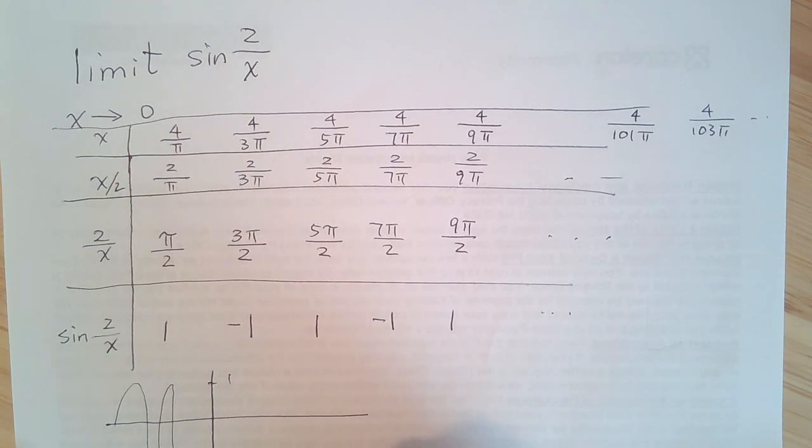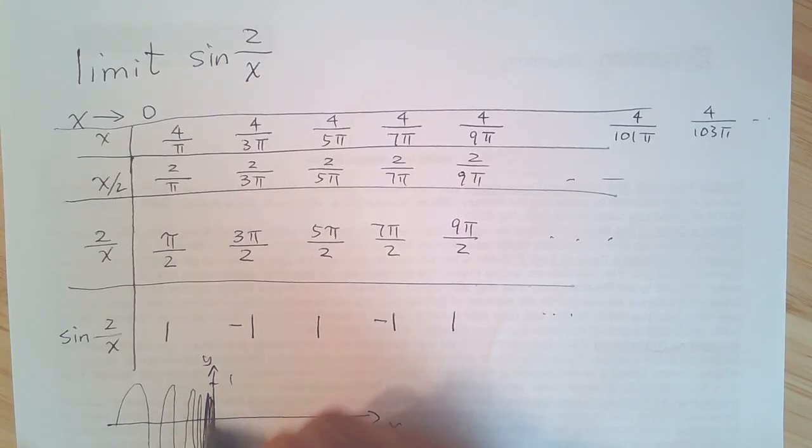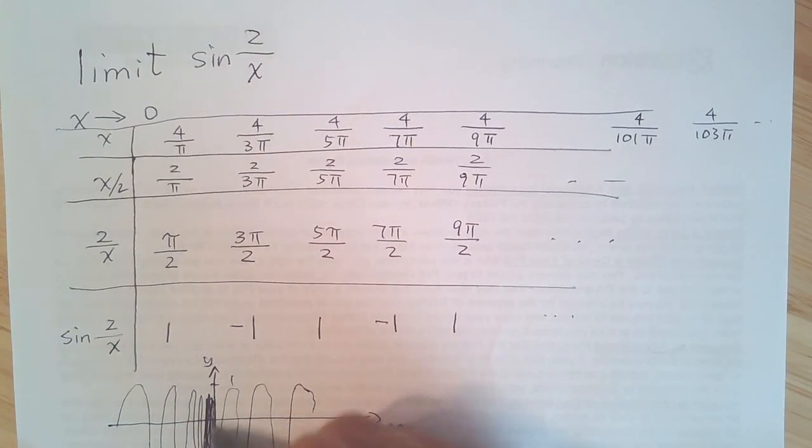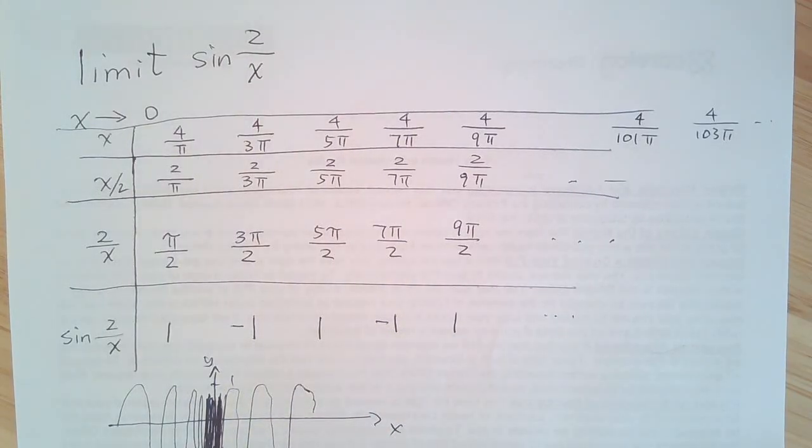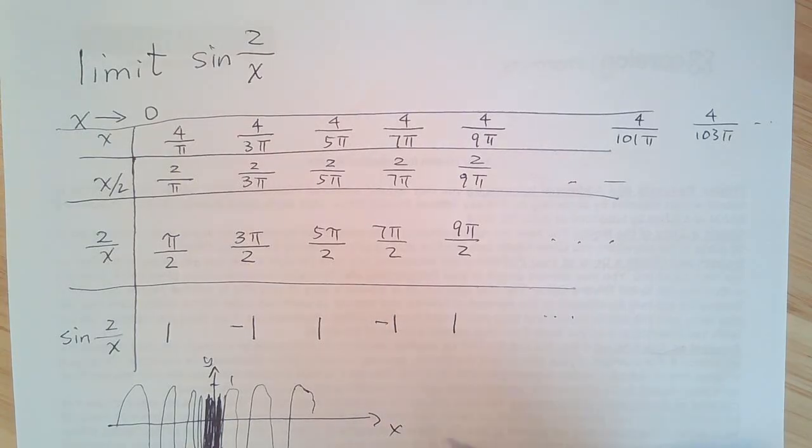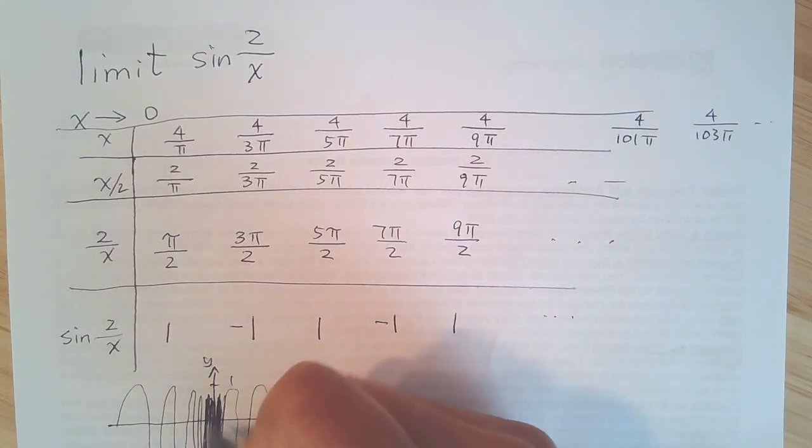Here's a 1, here's a negative 1, here's a 1, here's the x. Okay. So it goes like this, and this side too. So it's like bouncing around, okay? So in this case, we call this oscillating behavior.